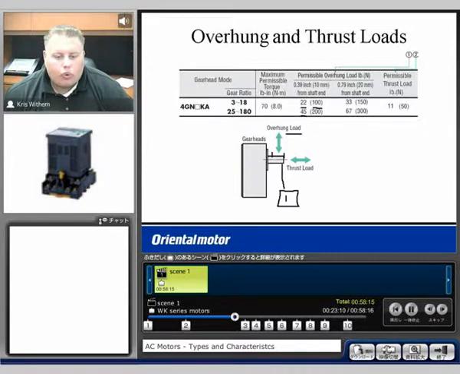If we go further in, 20 millimeters in from the shaft end, so from here in, what we're looking at is 33 pounds or 67 pounds, depending on the gear ratio. The gear ratios for the smaller ones, like a 3-to-1 to an 18-to-1, are going to have smaller overhung loads, whereas the higher 25 to 180-to-1 gear ratios are going to be able to accept higher loads.